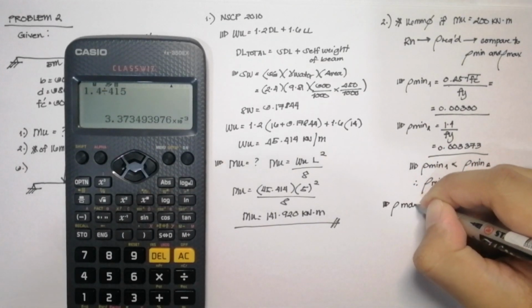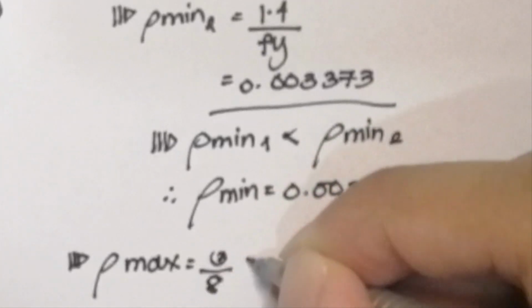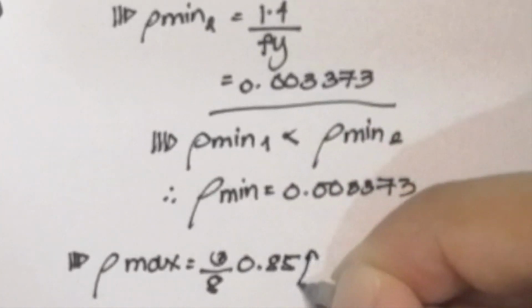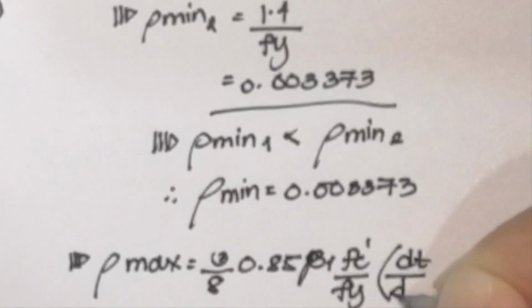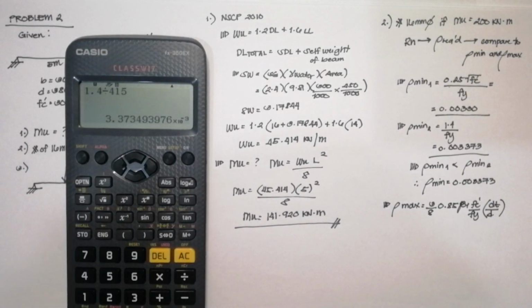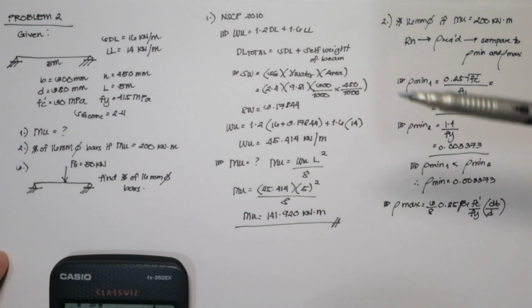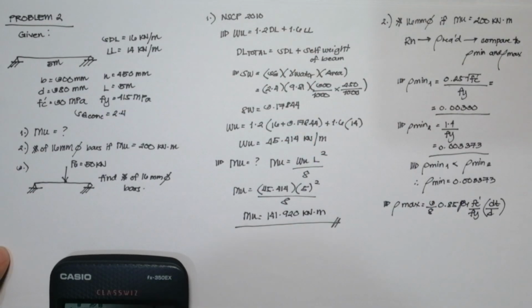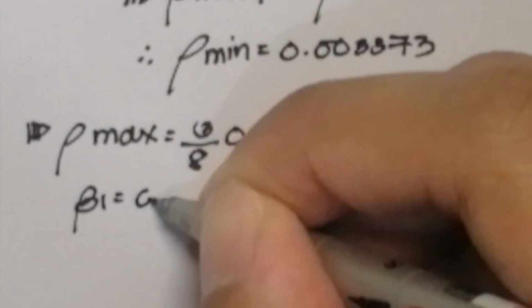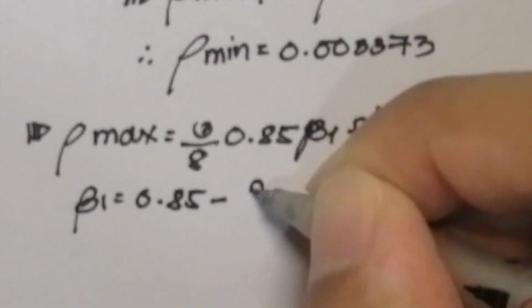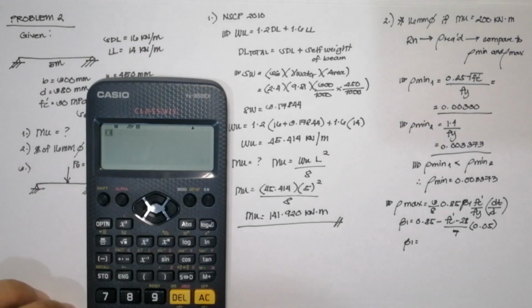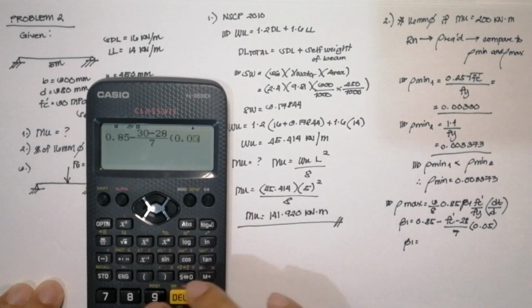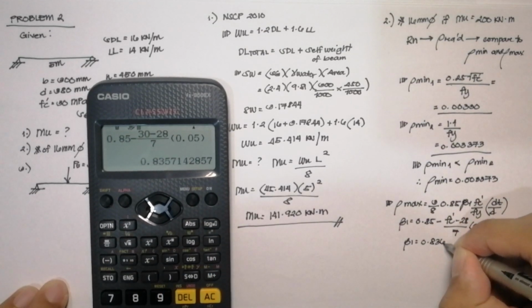So to solve for the maximum reinforcement ratio, we use the formula 3/8 times 0.85 beta 1 fc prime over fy multiplied by dt over d. So before that, we need to solve for our beta 1. Looking at our given, the compressive strength of the concrete is 30 megapascal. So first, we need to solve for its value by this equation: 0.85 minus fc prime minus 28 divided by 7 multiplied by 0.05. And substituting our values, we can get the value for beta 1 equal to 0.836.